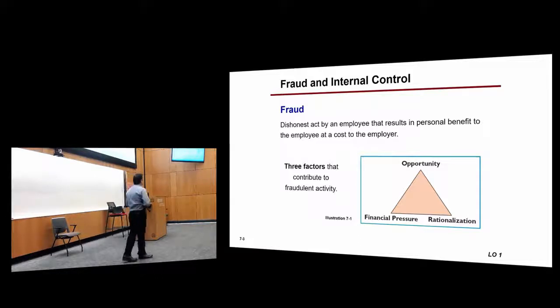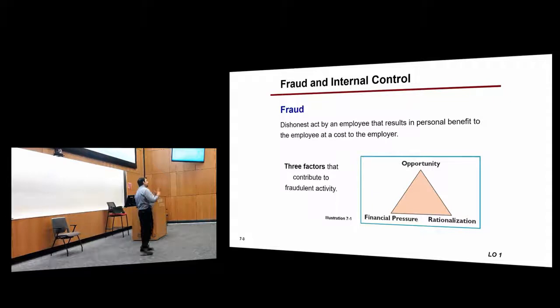There's also the third part, which is rationalization. So they start thinking, the company CEO is making millions of dollars, tons of money, all these executives, whereas I'm the one who's doing the work, and I only get a very low salary. So why not also take a cut from the company's profits?